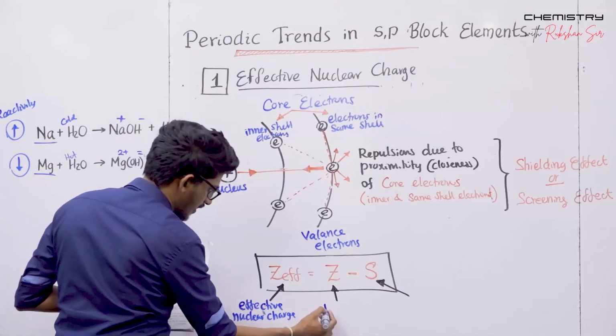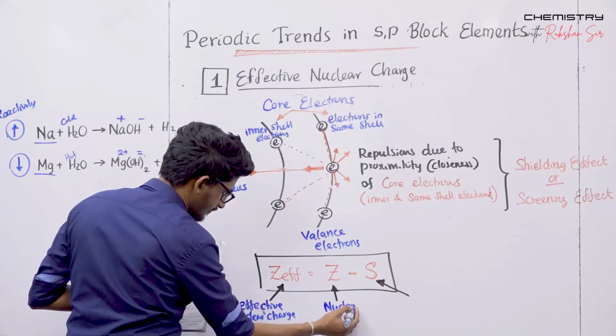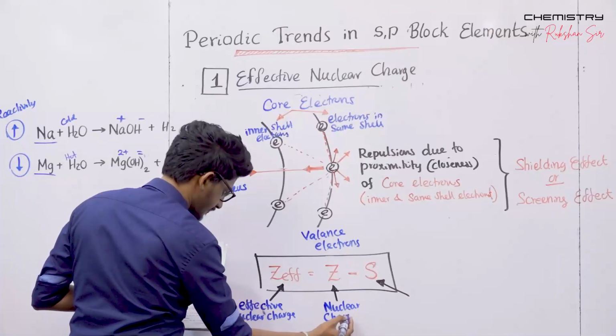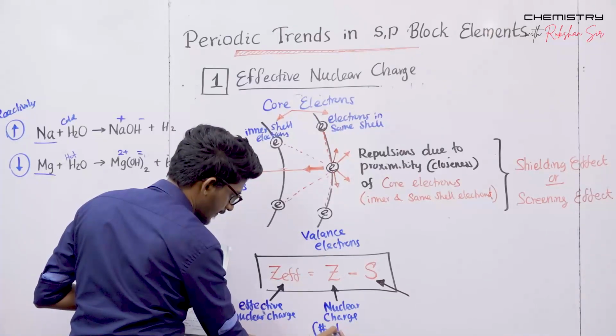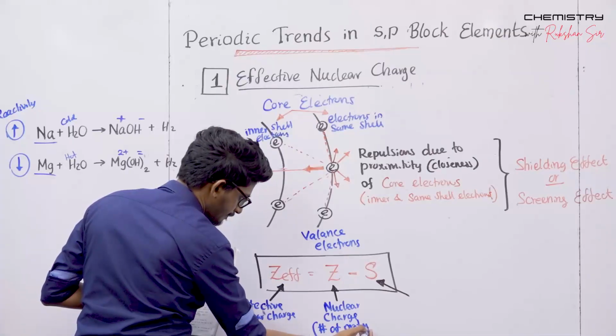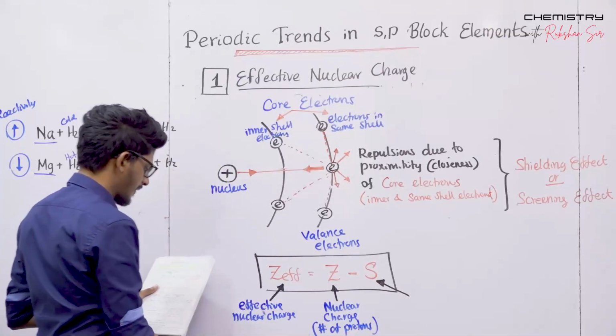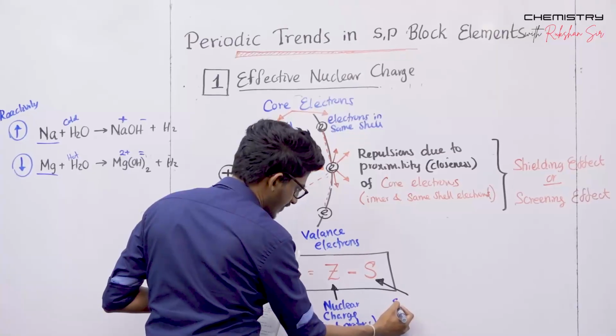This is the nuclear charge. Nuclear charge is actually the number of protons at the nucleus. And this is the screening or the shielding effect.